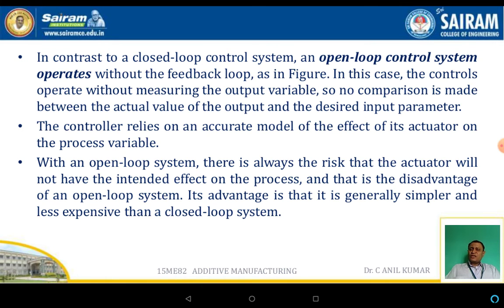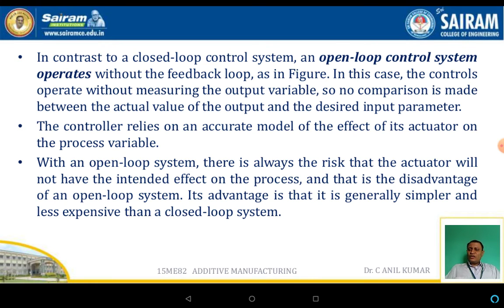In contrast with the closed loop control system, an open loop control system operates without a feedback loop. The control operates without measuring the output variable, so no comparison is made between the actual output value and the desired input.